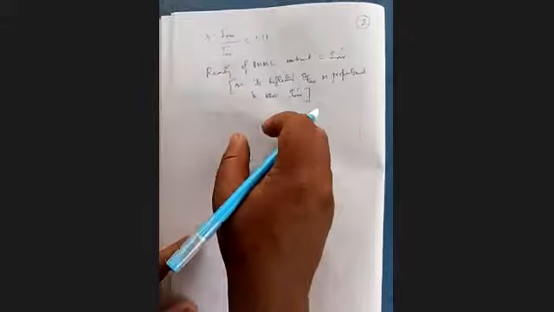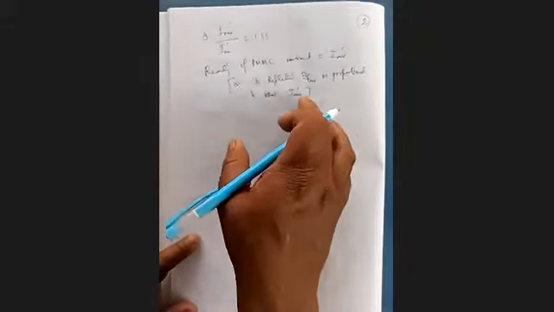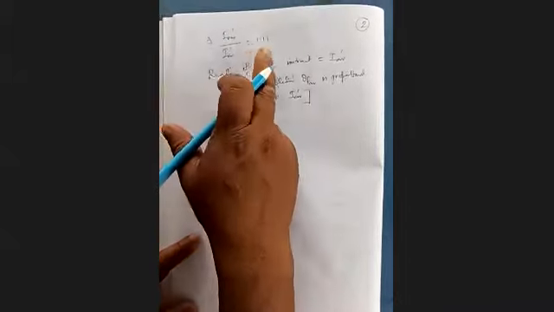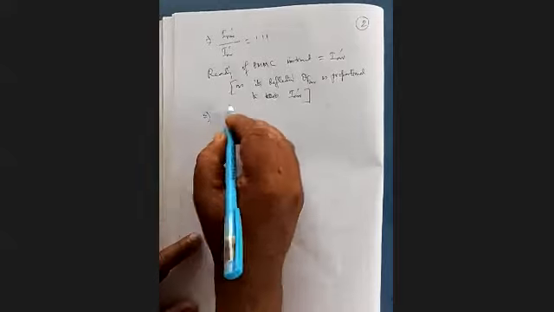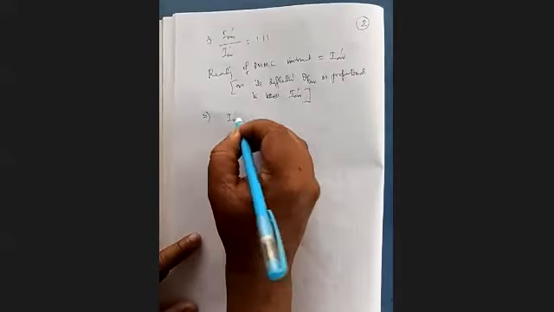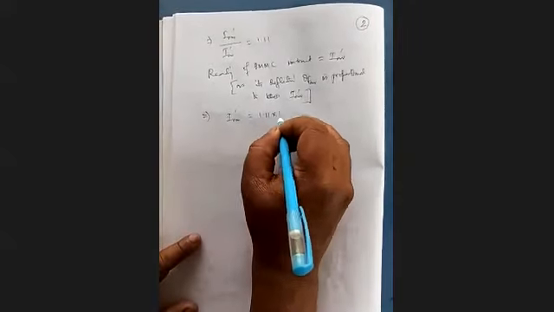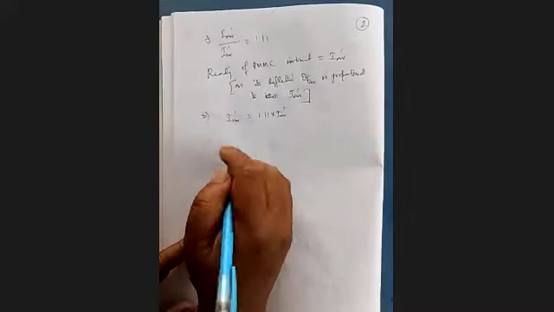Now what we do, if we multiply this instrument scale reading with 1.11, we know I RMS dash is 1.11 into I average dash.